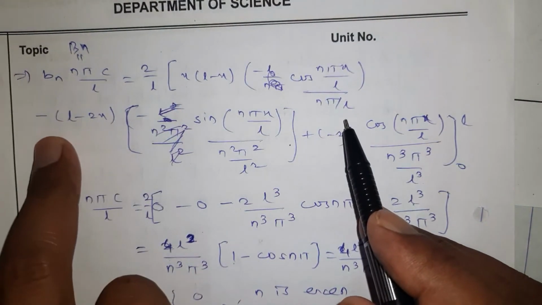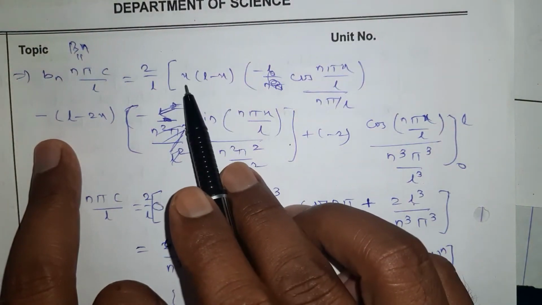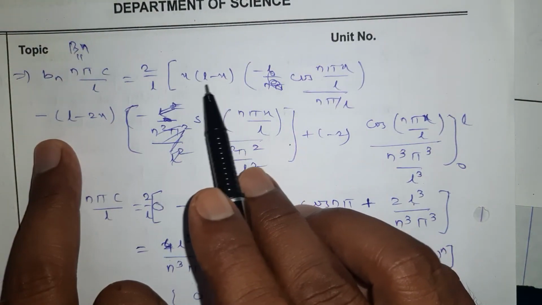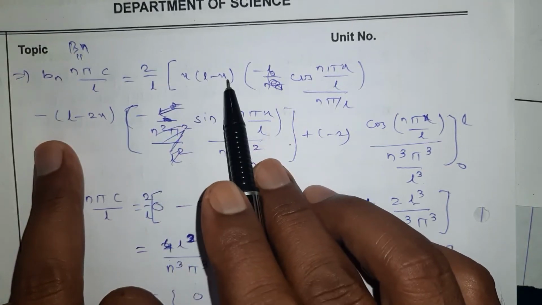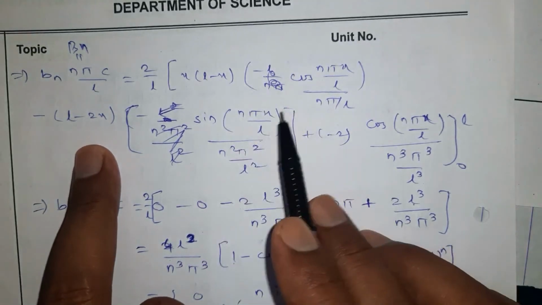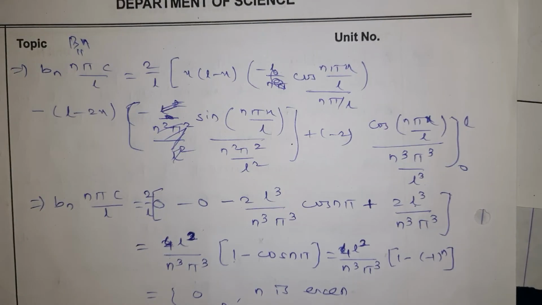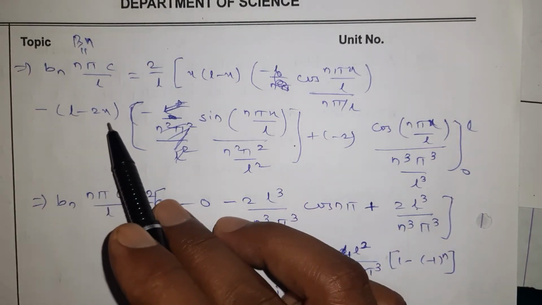Okay. Then here minus. What is the derivative of x into L minus x? It is simply L minus 2x. Multiply this x inside, you will get xL minus x square. So here L minus 2x. Then the third step is plus. What is the derivative of L minus 2x?